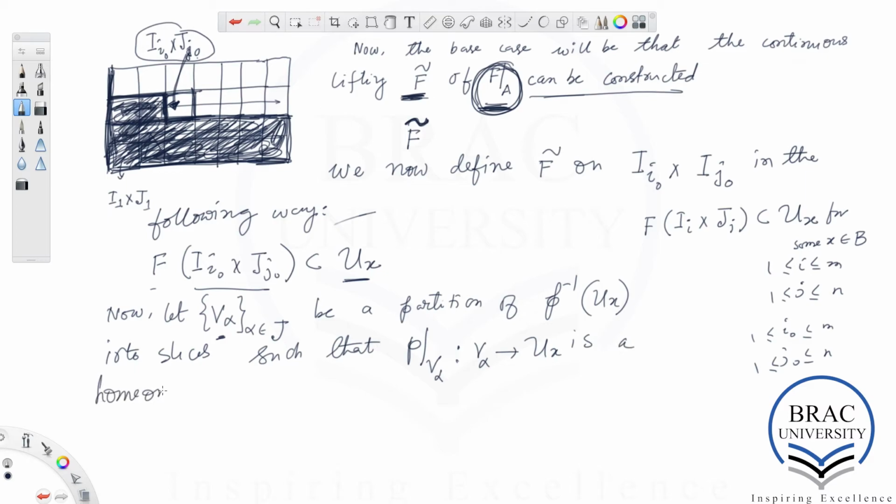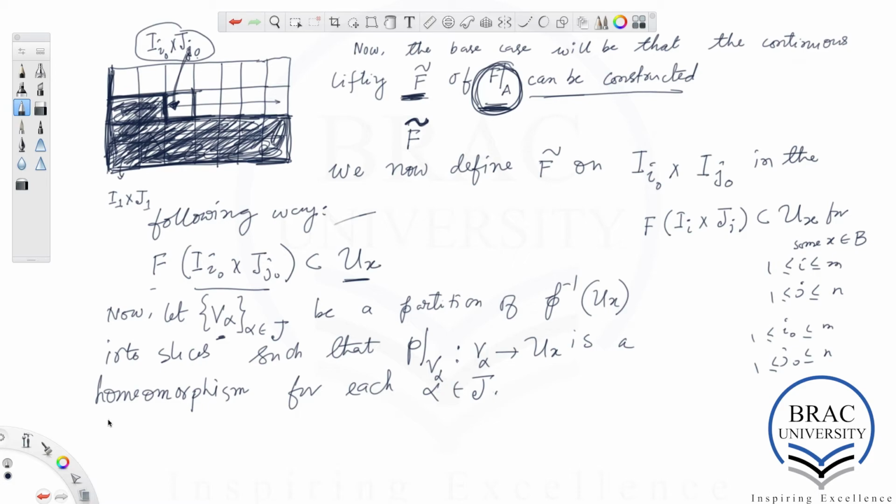This follows from the definition of the covering map, for each alpha in the index set J. We know this.